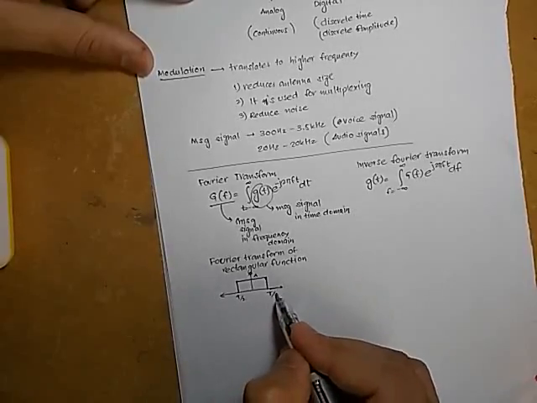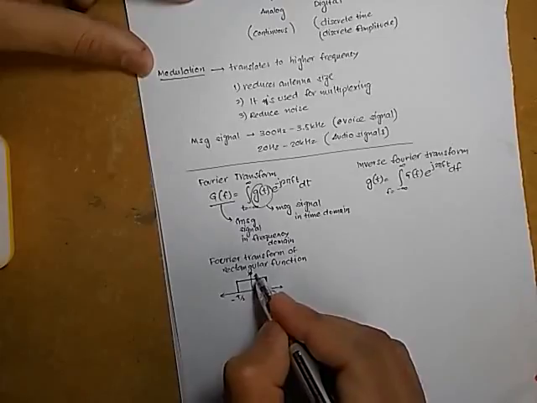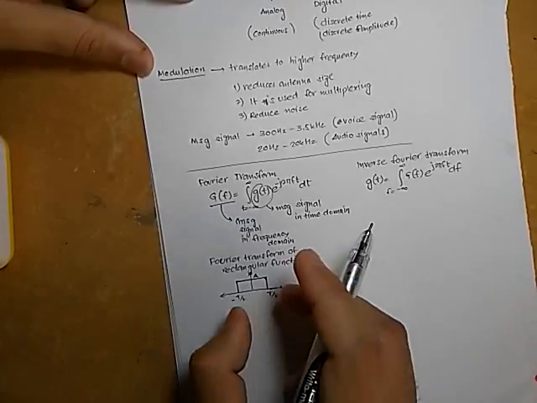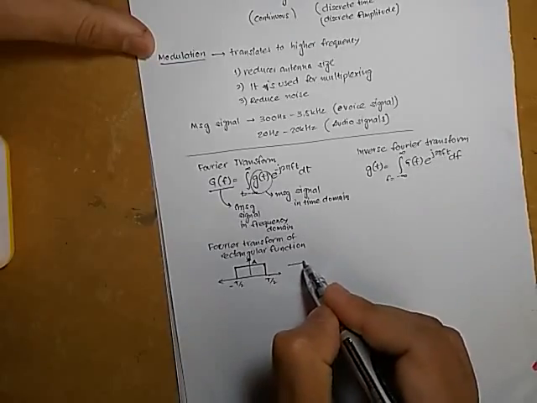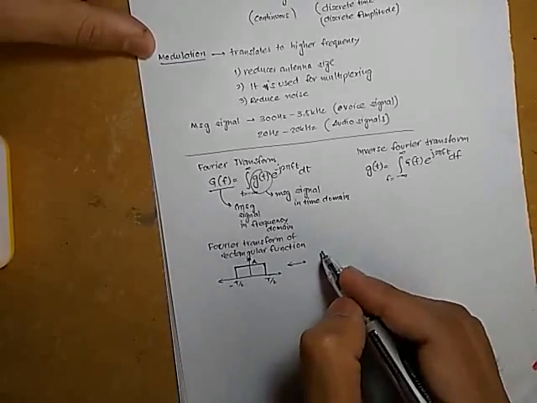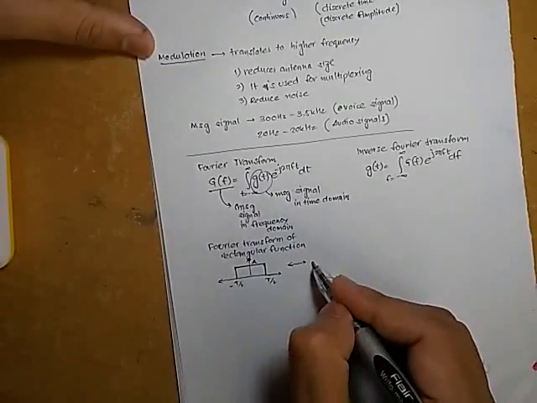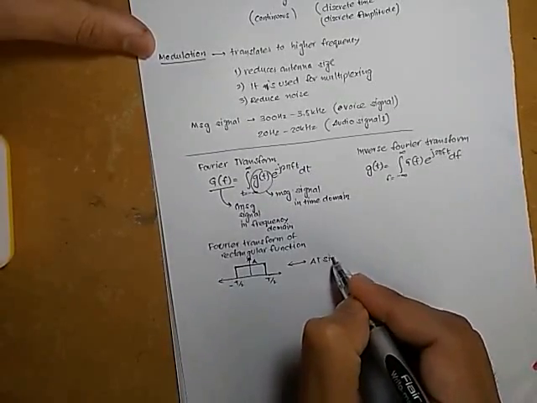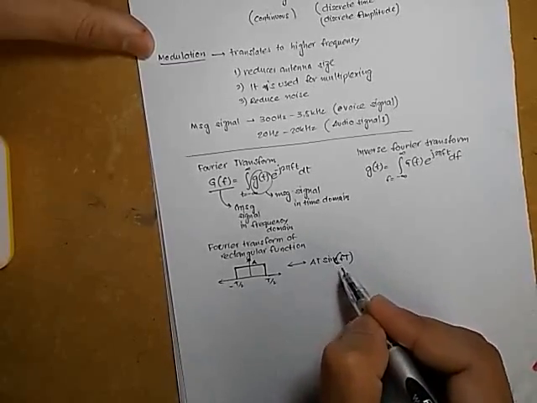It varies from minus T by 2 to plus T by 2, and the amplitude is A, which is constant over the time period. If we find the Fourier transform of this by using this formula, we will get A T sinc of f T.